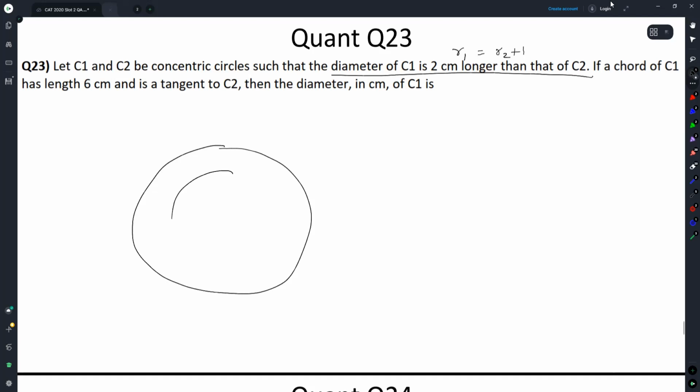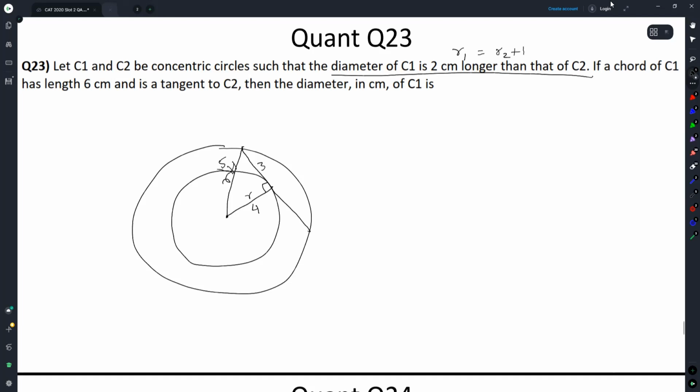If a chord of C1 has length of 6 centimeter and is tangent to C2, concentric circles, so their centers are same. This is 3, full 90 degrees. This is R. This is R plus 1. I have never been happier. This is 4. This is 5. The Pythagorean triplet.